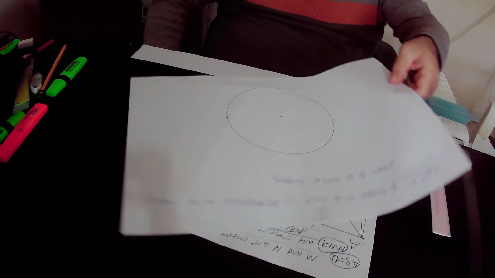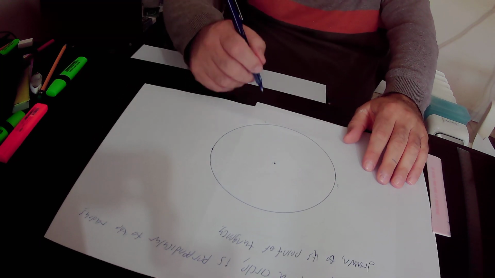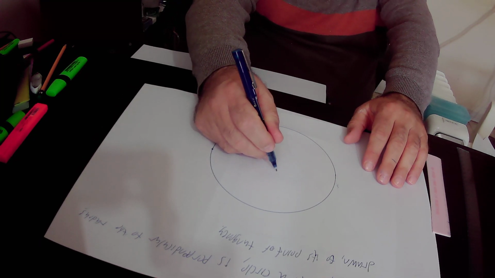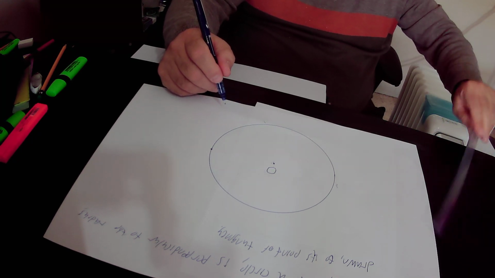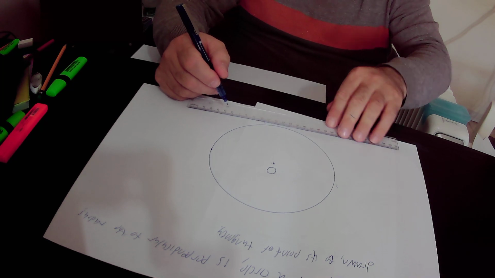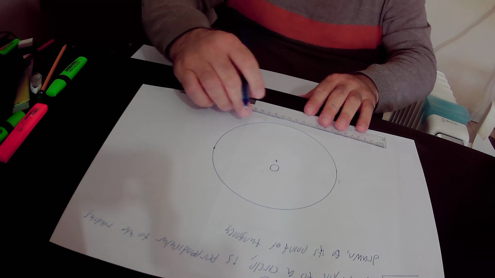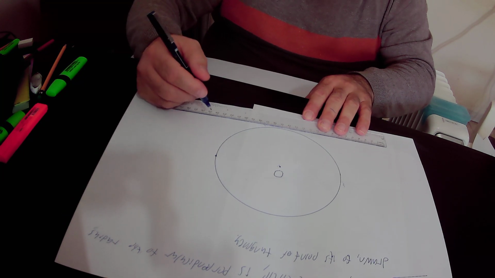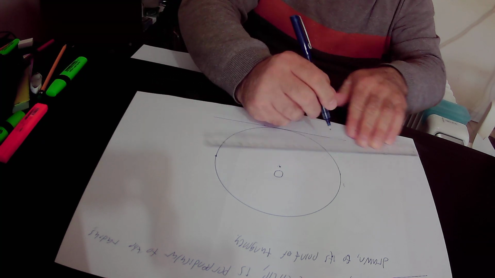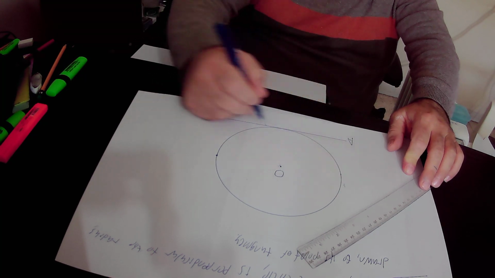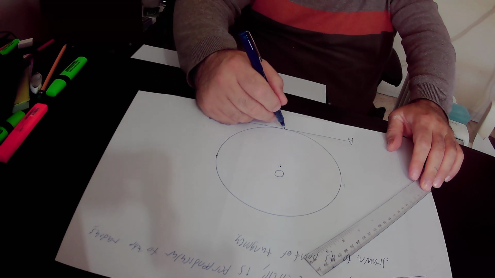The meaning of rule number 2 is that if we have this circle, and we know that the center of this circle is at point O, and we also have tangent AB to this circle, line segment AB, or the tangent AB, is tangent to this circle at this point.